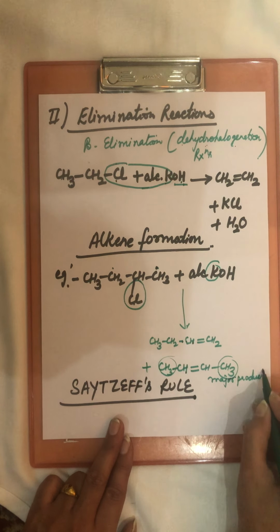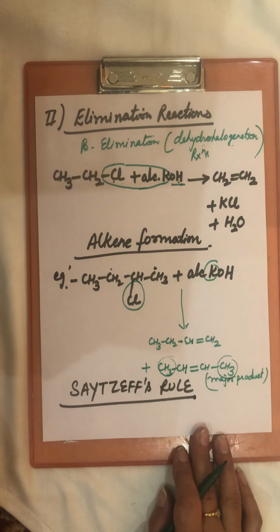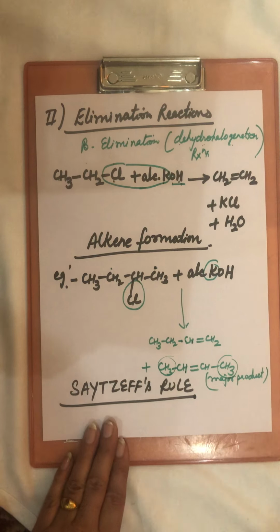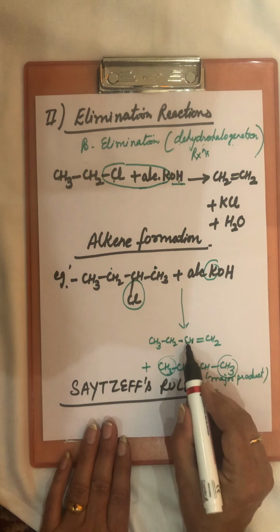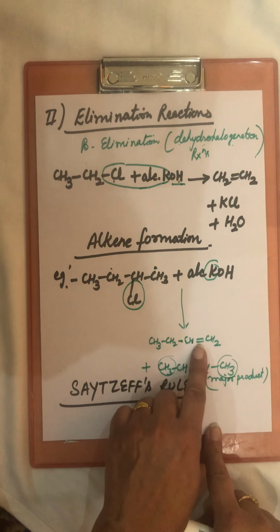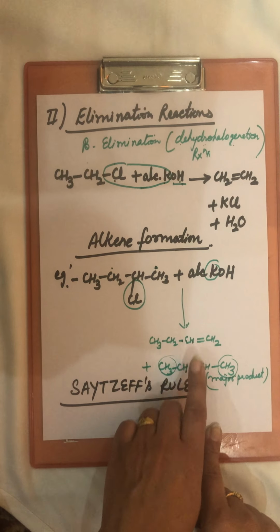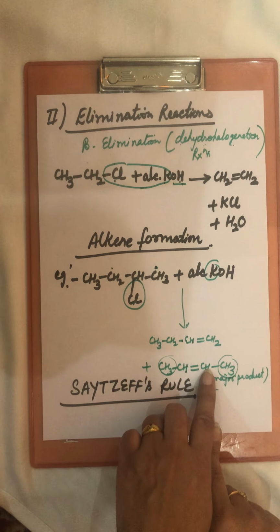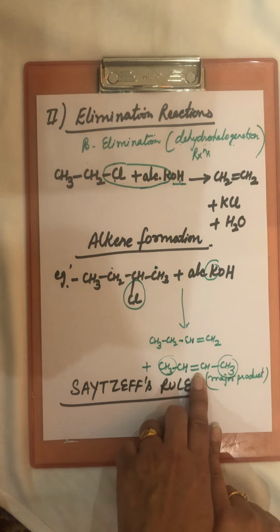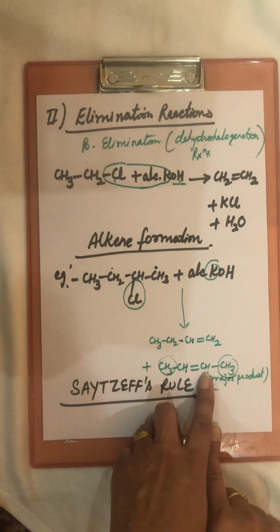But to apply this, the easy method is, instead of looking at the alkyl groups, the best thing is to count the number of hydrogen atoms on the double bonded carbon atoms. With this double bonded carbon atom, 2 hydrogens here, 1 here, total 3 hydrogen atoms. In this case, with these carbon atoms, 1 hydrogen, so total 2 hydrogen atoms. That alkene will be the major one which has the lesser number of hydrogen atoms attached to the double bonded carbon atoms.